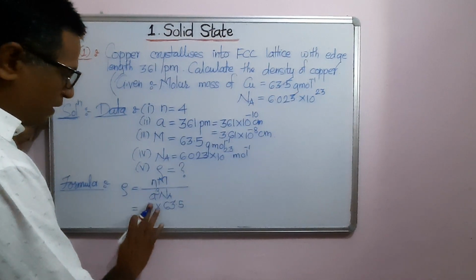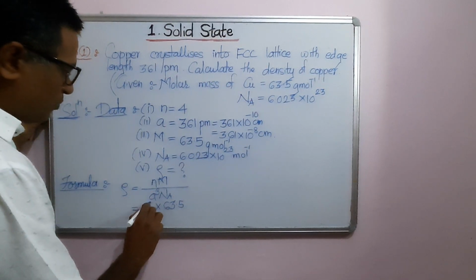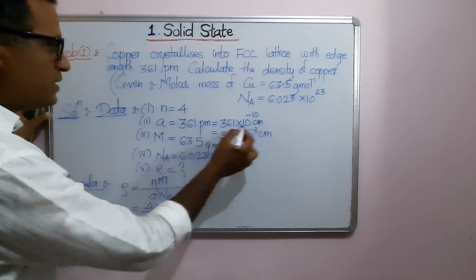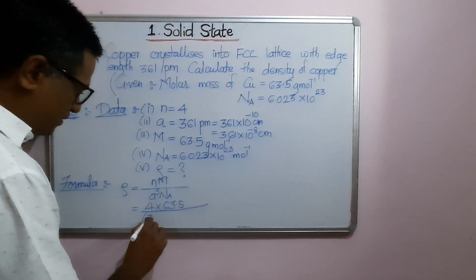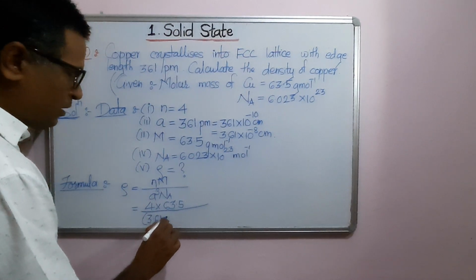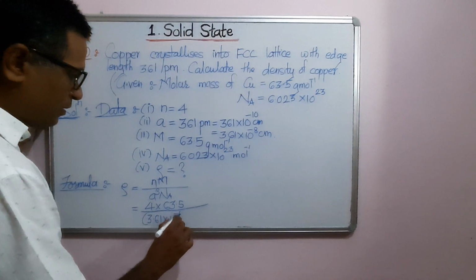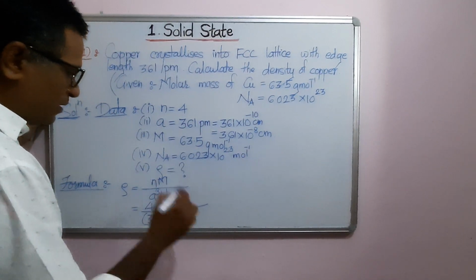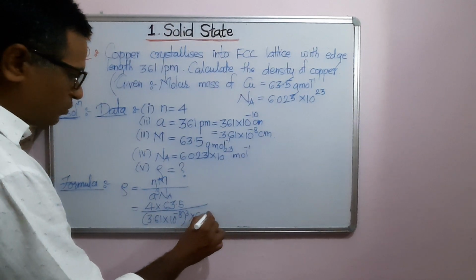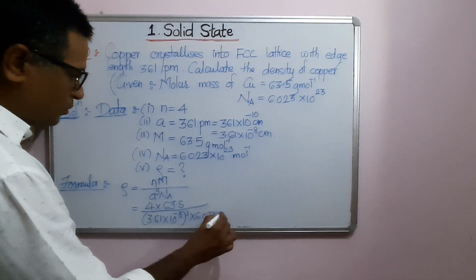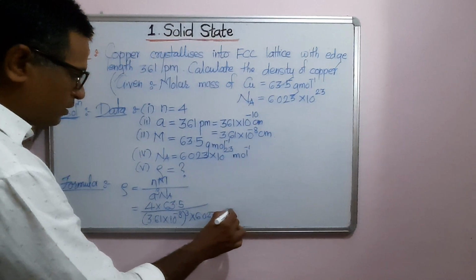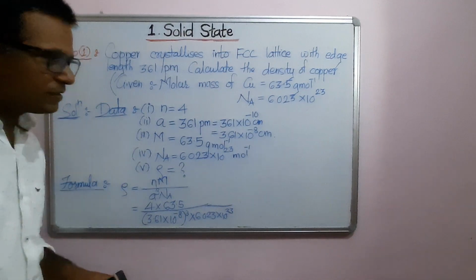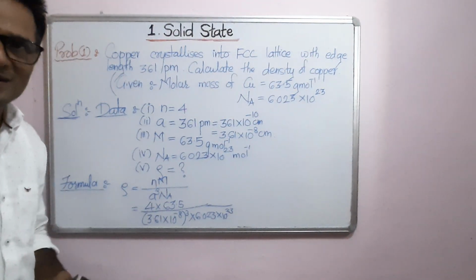The value of N is 4. Then a cube, the edge length in centimeter, is 3.61 into 10 to the power minus 8, cubed, into Avogadro number 6.023 into 10 to the power 23. Now in board examination you have to solve this with the help of a log table.